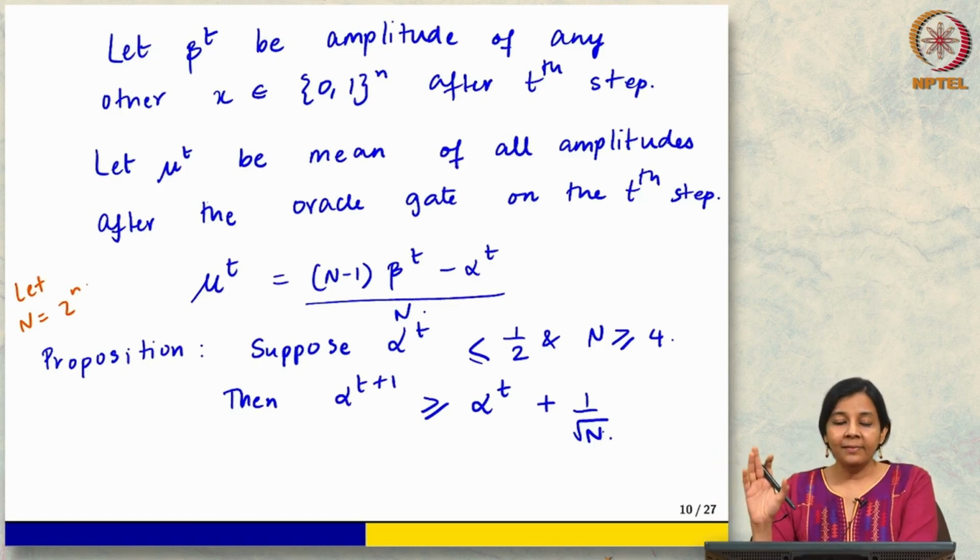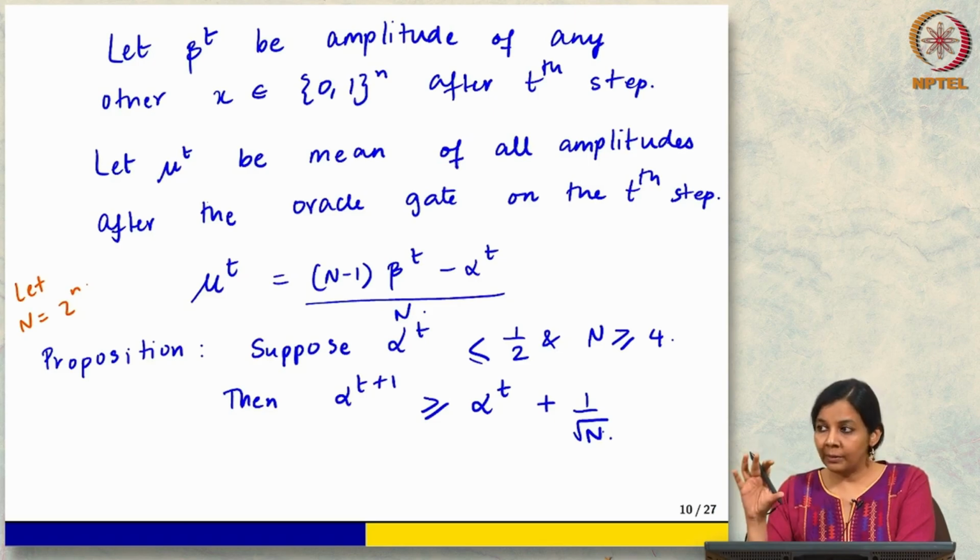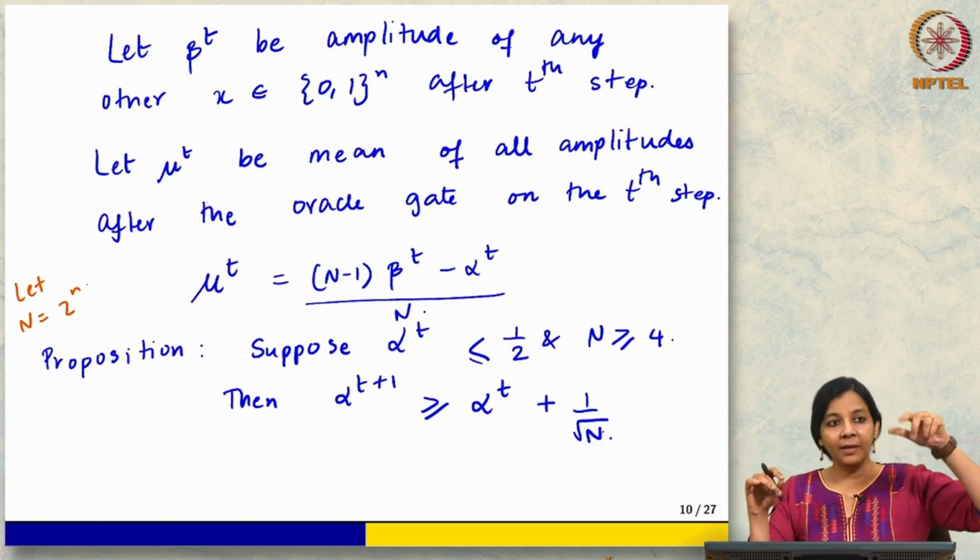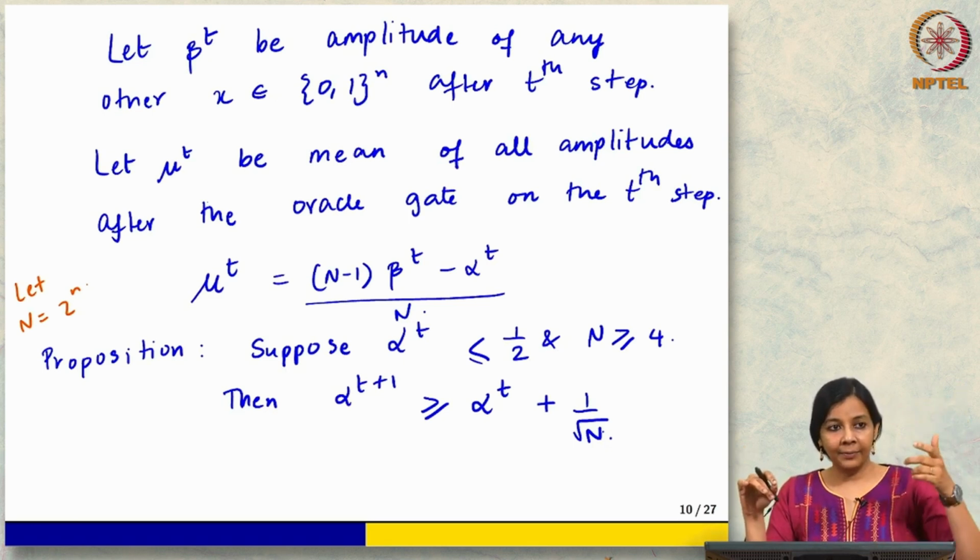In that case I want to claim that alpha t plus 1, the amplitude on my special point, is at least the old amplitude plus 1 over root n. And this is what we were seeing geometrically, right.